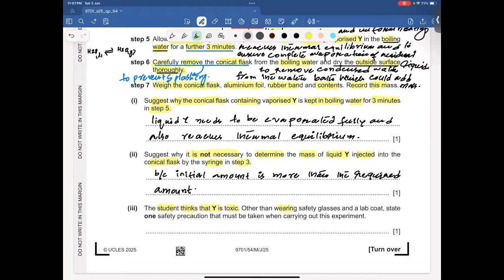Other than wearing safety goggles and a lab coat, state one safety precaution that must be taken when carrying out the experiment. Since it is toxic, the experiment needs to be performed in a fume cupboard, also called a fume hood. I hope it makes sense to you. I hope you get the point.